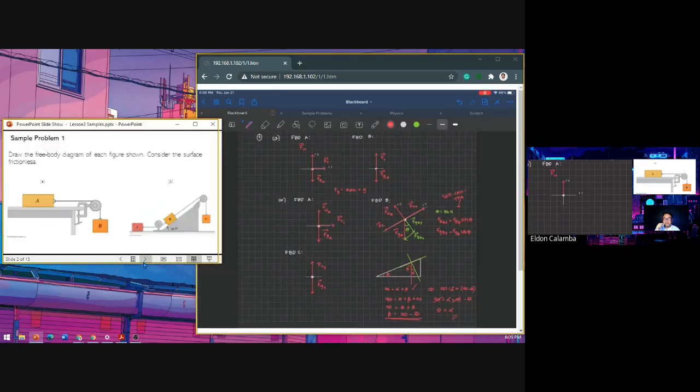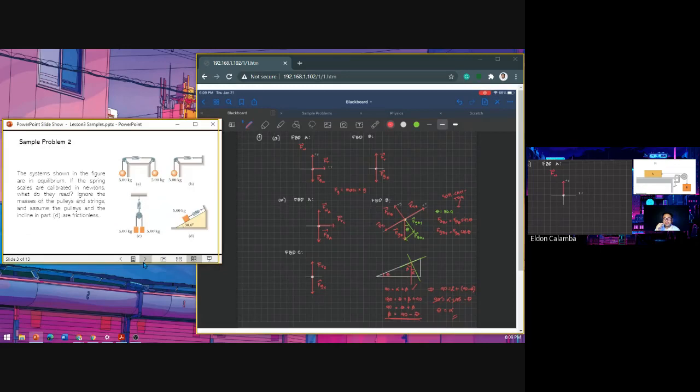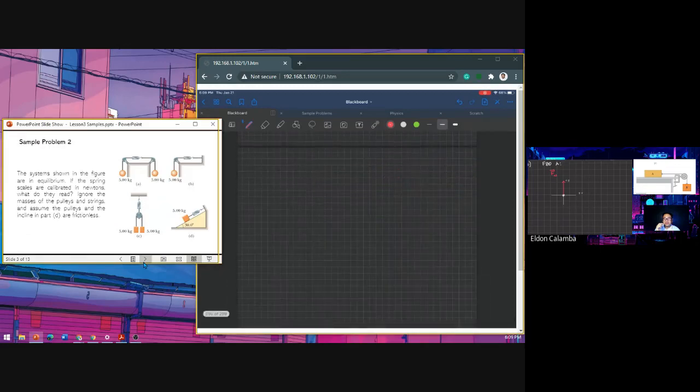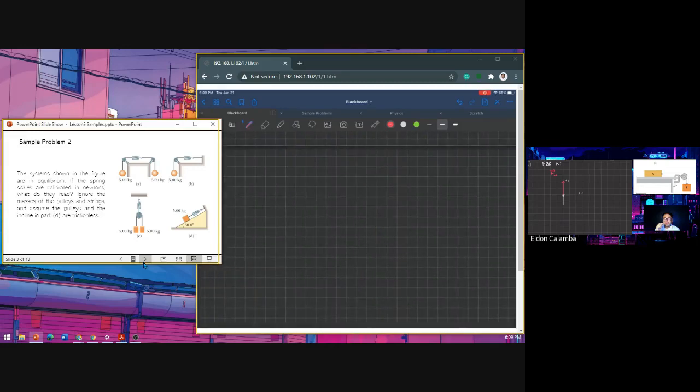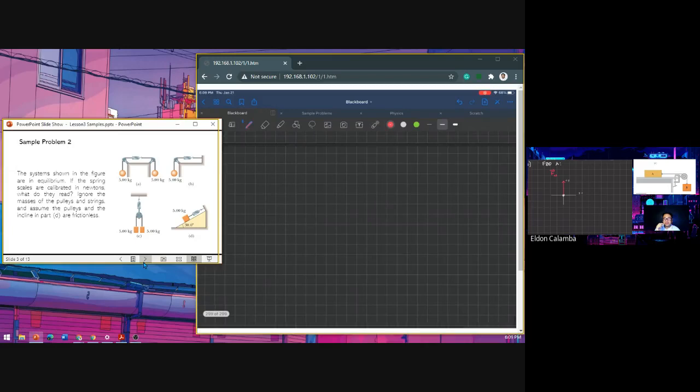Let's have number 2. Number 2 pa din, para pa rin itong exercise. Wala pa ito masyadong pagbuo ng mga equations. But understanding first law of motion pa ito, mostly. So number 2, the systems shown in the figure are in equilibrium.